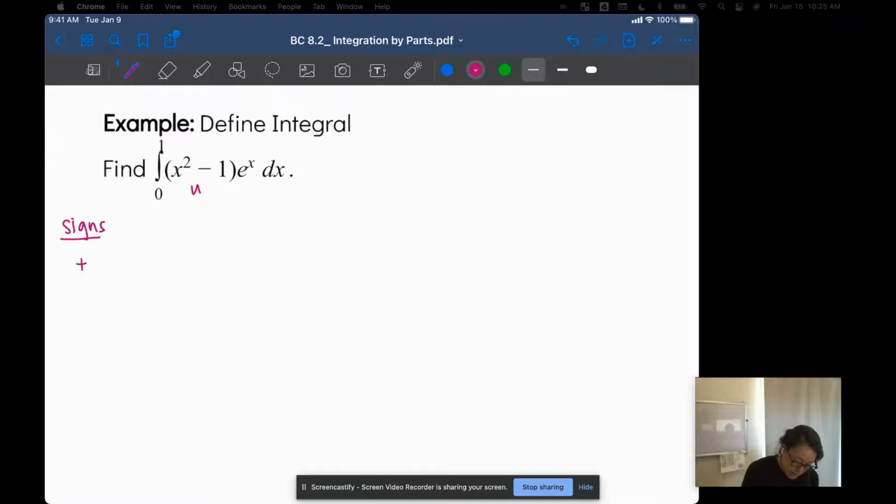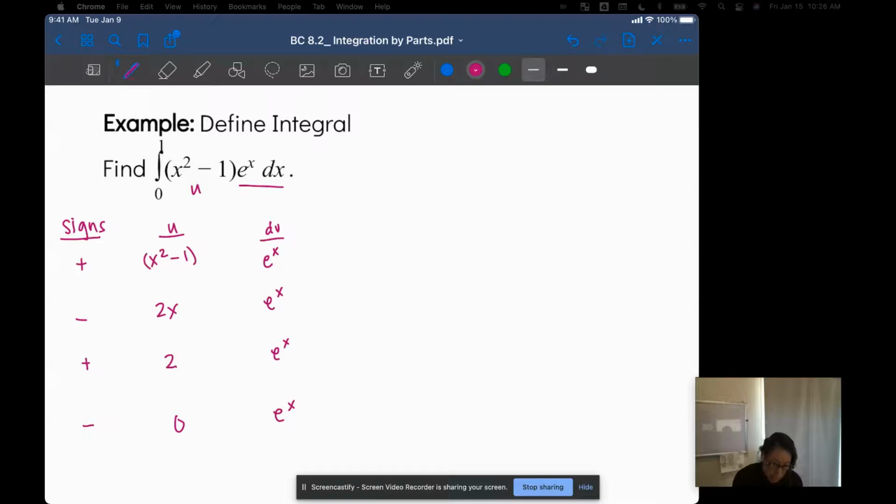We start with a plus, a minus, and then we'll see what happens from there. u is equal to x squared minus 1, and dv is going to be equal to e to the x dx, so v is e to the x. All right, so I'm going to take the derivative of x squared minus 1, which is 2x. Take the derivative of that again, which is 2, again, which is 0. So I need to add some signs over here. And then the antiderivative of e to the x is e to the x.